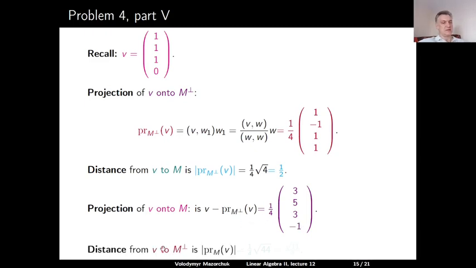And the distance from V to M orthogonal complement is the length of this vector, which is 1 divided by 4 times the square root of 9 plus 25 plus 9 plus 1, which is 44. So the outcome is that the distance from V to the orthogonal complement of M is root of 11 divided by 2. And this completes problem 4.